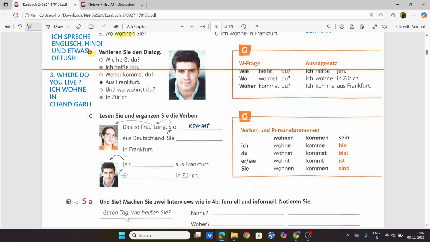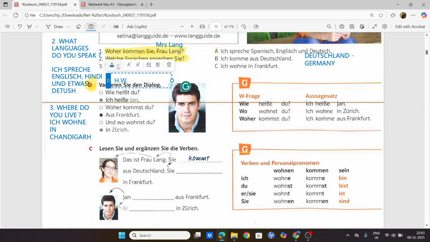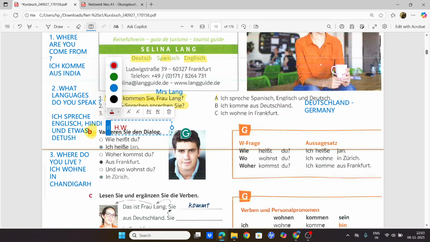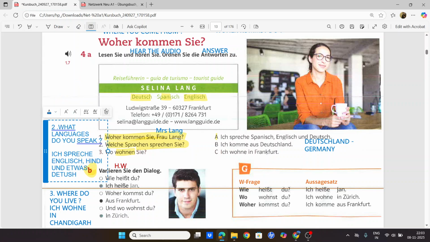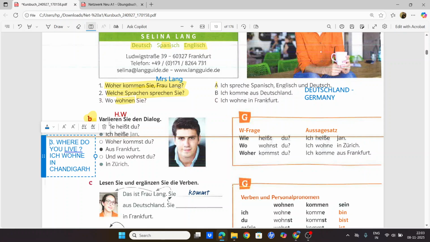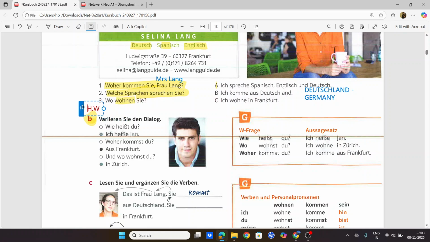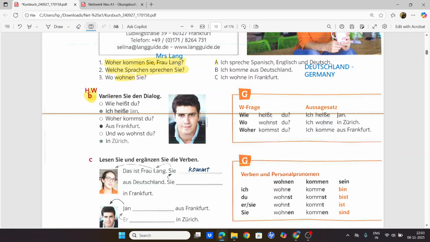Let me write this also. It's the part where you can work by yourself, it's going to be your homework, and homework is going to be in red color. So HW is mentioned here. Let me erase this. I think you got an idea now. Let me remove this so you don't get confused. So here, it's homework.